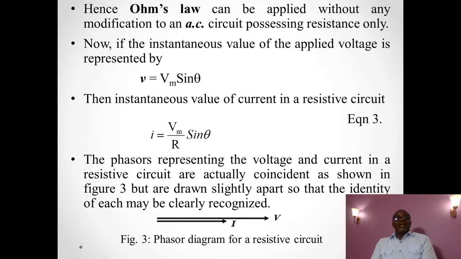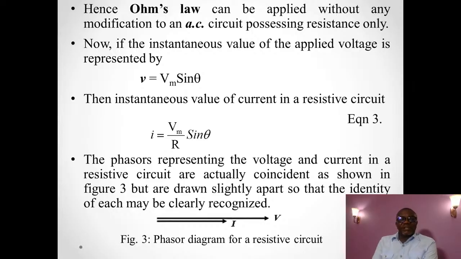So now, hence, Ohm's law can be applied without any modification to an AC circuit possessing resistance only. Very important. Ohm's law can be applied without any modification to an AC circuit possessing resistance only.